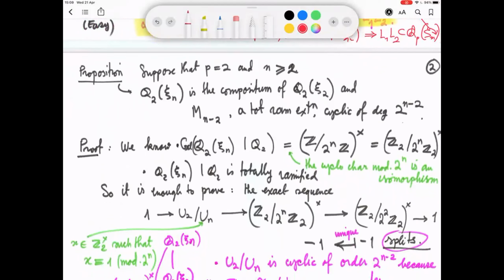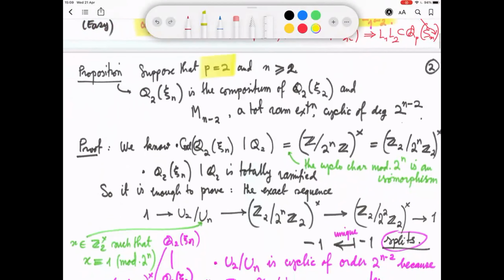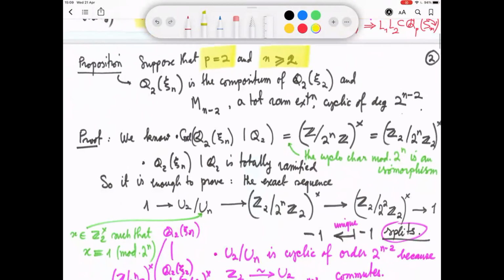Okay, so these are the preliminaries, mostly the notation and the definitions. Now let's come to the first proposition. First consider the case p equal to 2 and take any integer n strictly greater than 1.